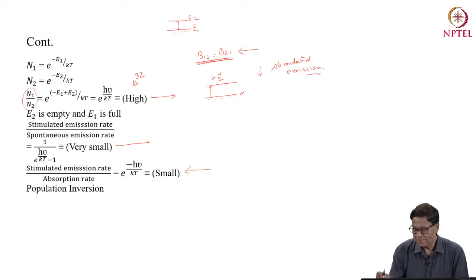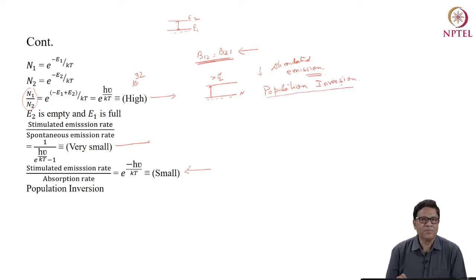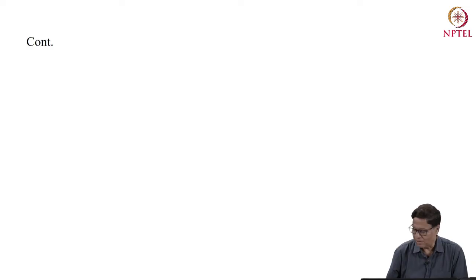So what I have essentially done, by lifting more than half of the electrons from the ground state to the higher state, is population inversion. So the moment I achieve this population inversion, the stimulated process takes over, stimulated process dominates, and we get stimulated emission. This is the basic principle of laser.